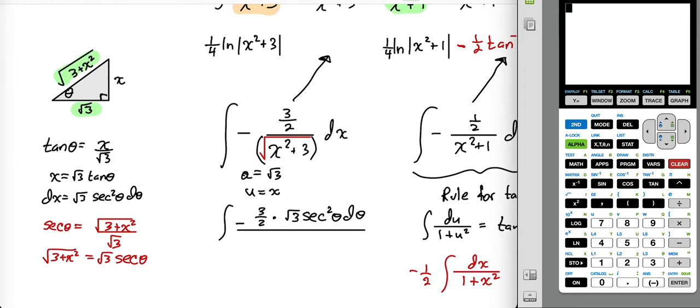I realized belatedly when I made that stray mark, I lost my power of 2, so let me fix that. So that radical 3 plus x squared gets replaced with a radical 3 secant theta, which is going to get squared. So radical 3 squared is 3, so secant squared theta.